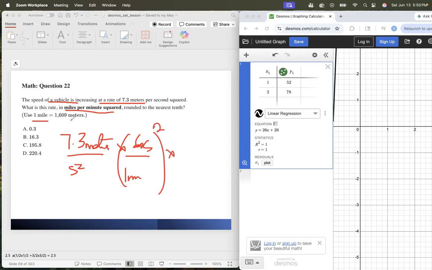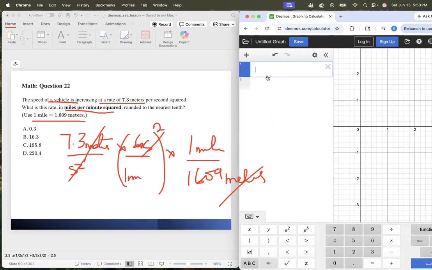And they've given you conversion of the meters, which is what? 1 mile over 1609 meters. And so meters cancel meters, the second cancels second, but you got to multiply 60 by 60. So the answer choice should be, let's use Desmos.